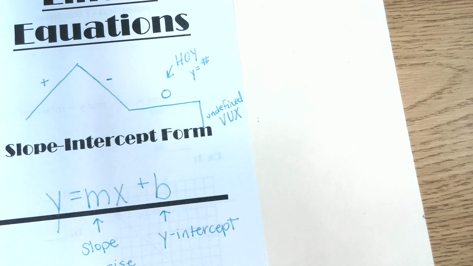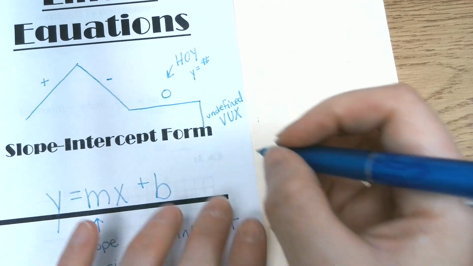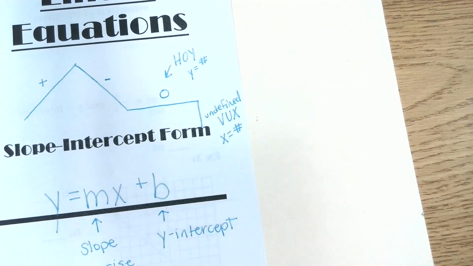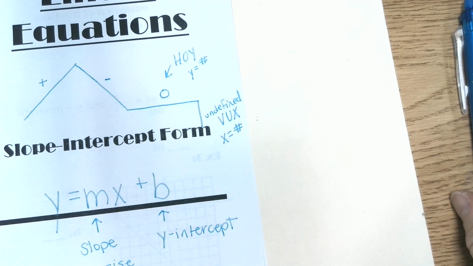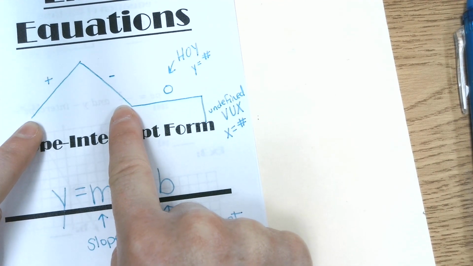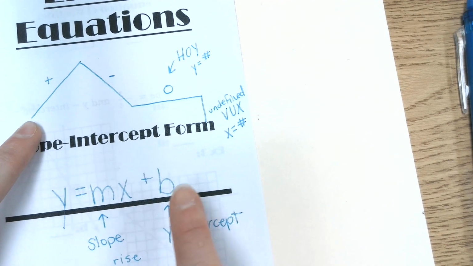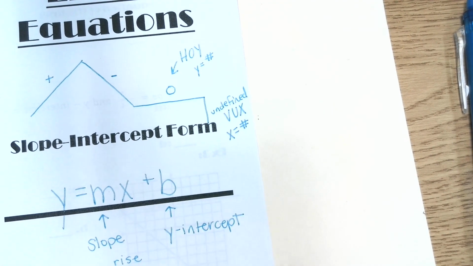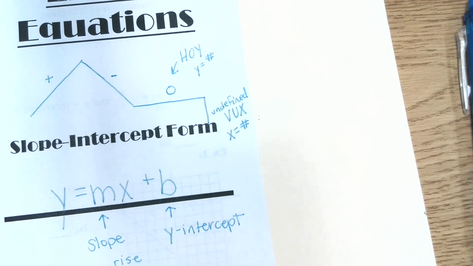Vux is vertical line, undefined slope, and the way you write your equation is x equals a number. These two, it's going to be y equals mx plus b. If b is 0, it's just going to be y equals mx. So we'll see one like that, I think.